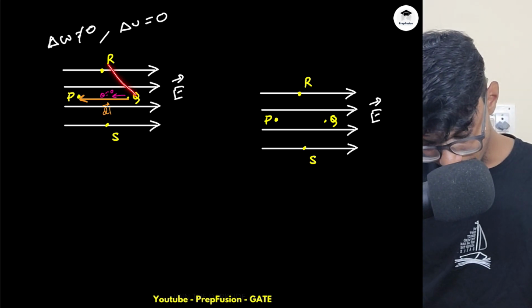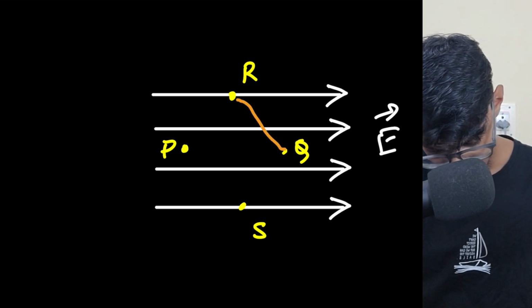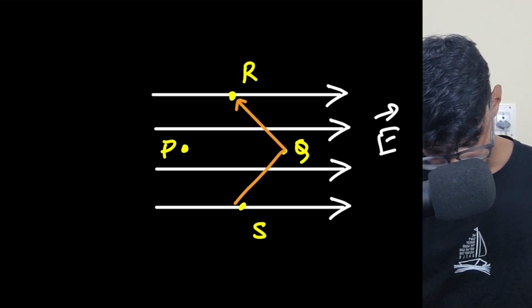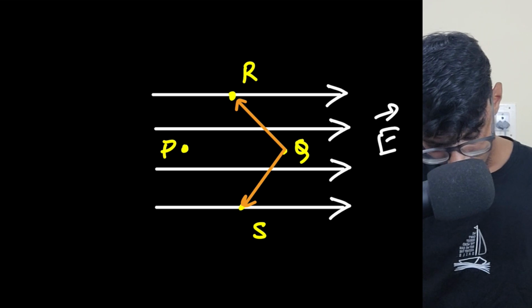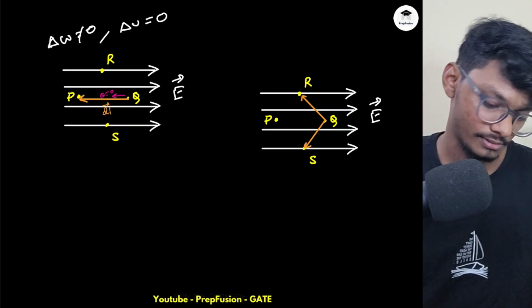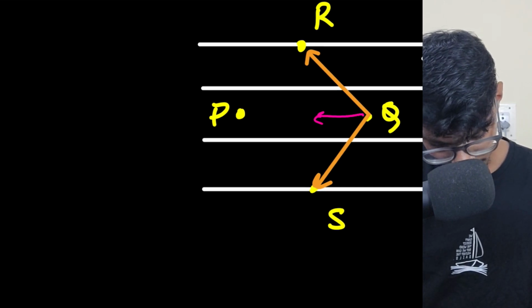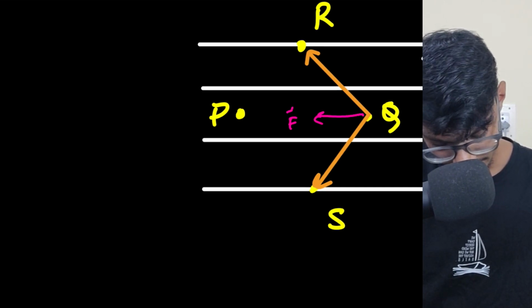So this can't be an equipotential surface because the potential is changing. What about from here to here? If I move from here to here, what is my force direction? Force direction is in this direction, right? External agent.